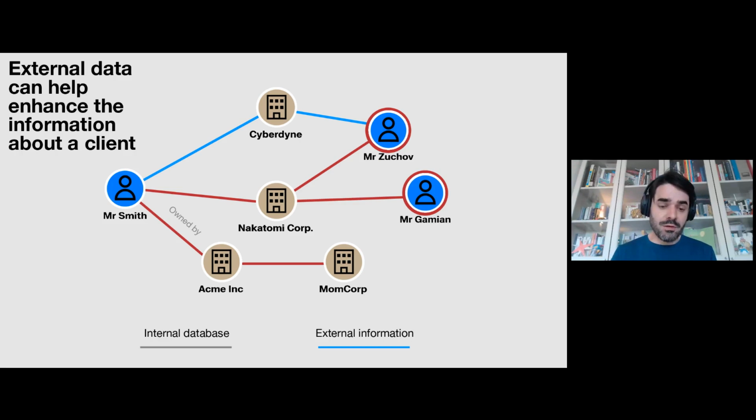Because if I'm doing business with that client, I'm potentially also doing business with those persons, which is a problem. And that's really how mixing internal data and external information can help enhance the information about a client and spot risks that would otherwise go unnoticed.